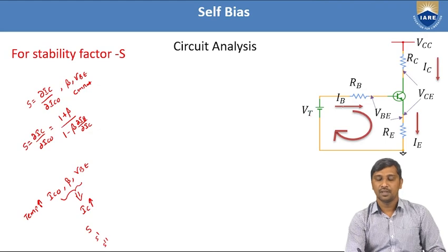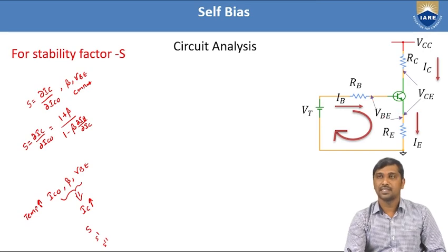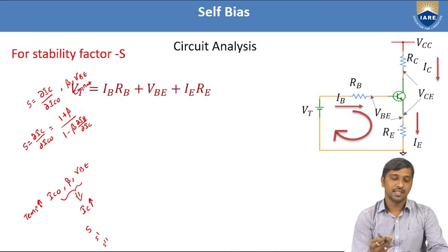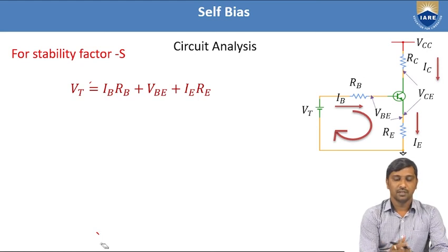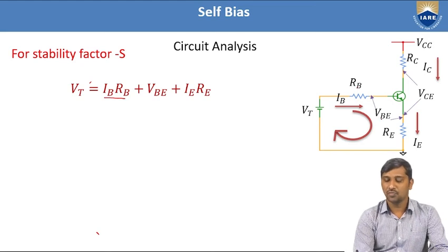So VT equals the voltage drop across RB, which is IB times RB, plus the potential difference between base and emitter, VBE, plus the voltage drop across the emitter resistance, IE times RE.